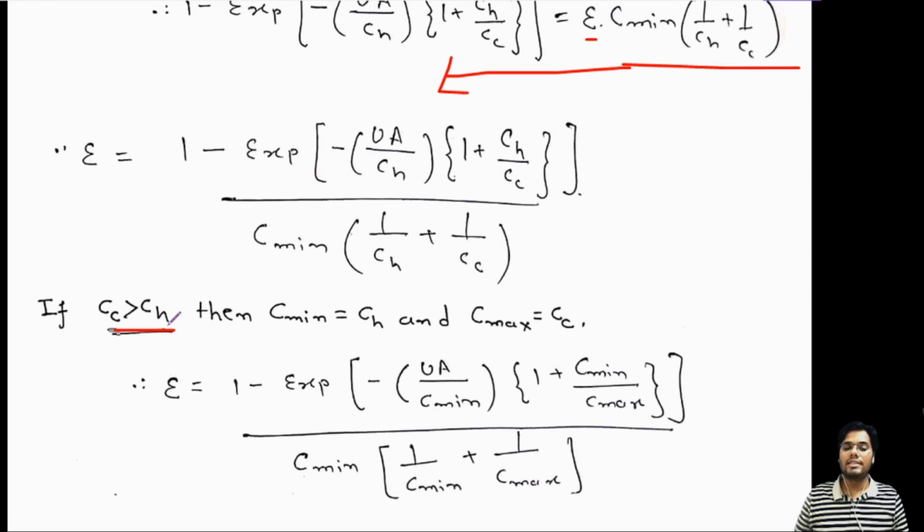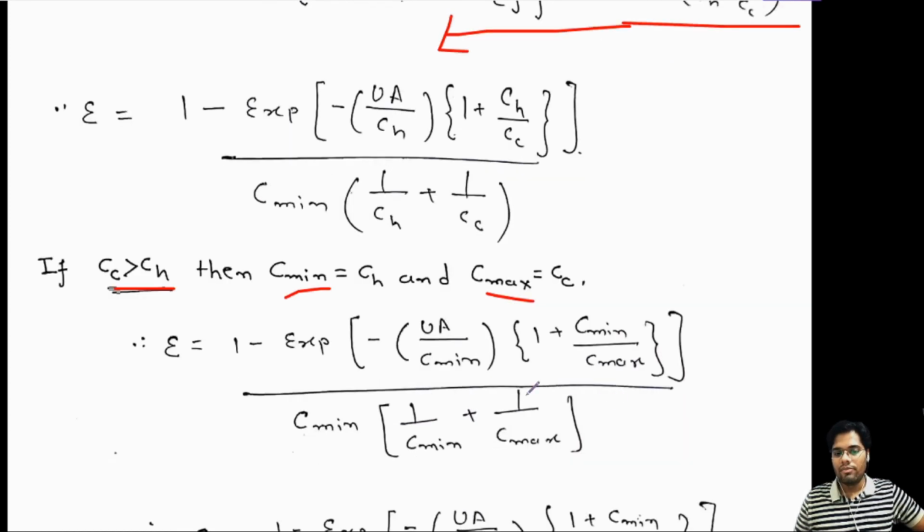As we have already discussed, whichever heat capacity is smaller in value will become C minimum. So here Ch is less than Cc, so instead of Ch we can write C minimum, and instead of Cc we will write C maximum.